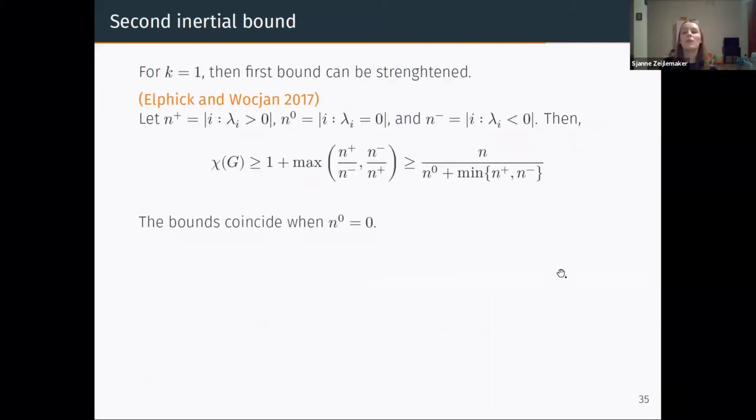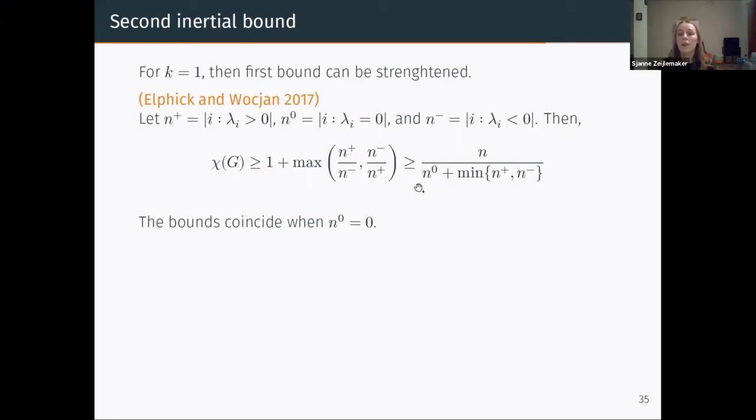Now this bound that we have generalized here for KS1 can actually be strengthened. Elphick and Bocquian showed in 2017 that the following expression is also a valid lower bound. What they did here is specifically consider the case when an eigenvalue is 0, rather than just looking at non-negative and non-positive.